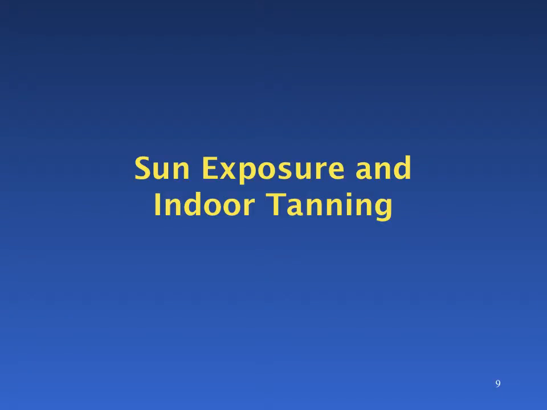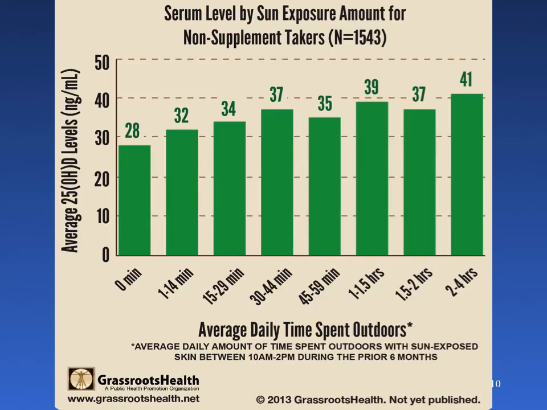In these next few graphs, we will look at your answers to the survey questions regarding sun exposure and use of indoor tanning. We included all tests since sun and tanning exposure patterns can vary for each test. This graph shows average serum levels on the y-axis and average daily time spent outdoors on the x-axis.